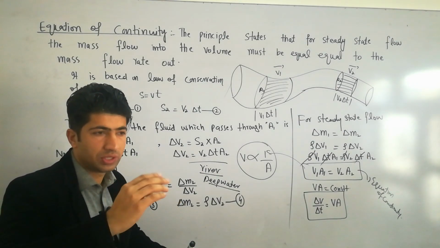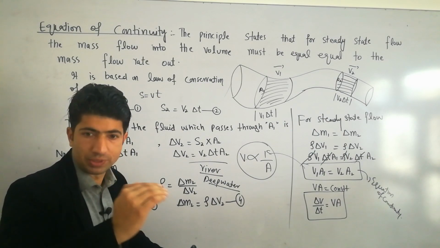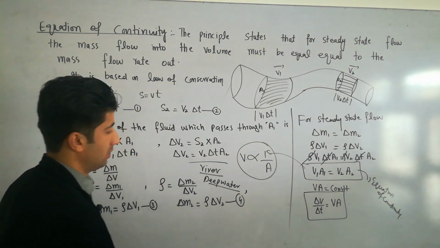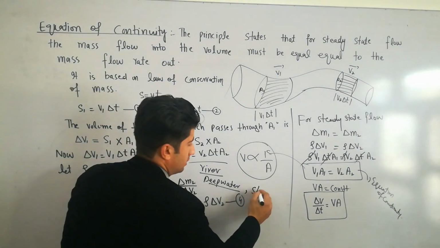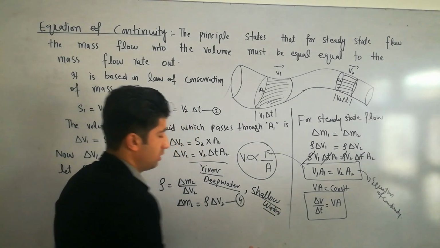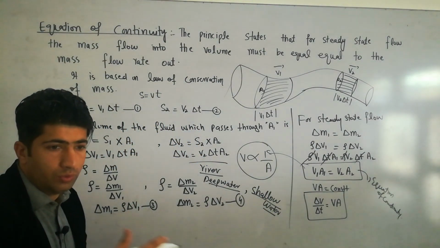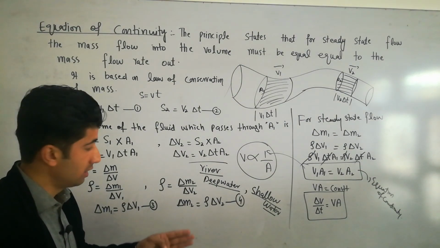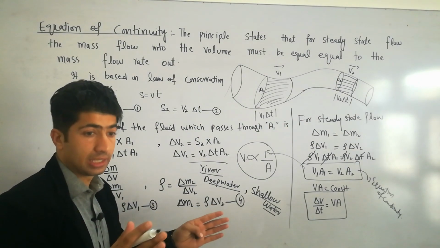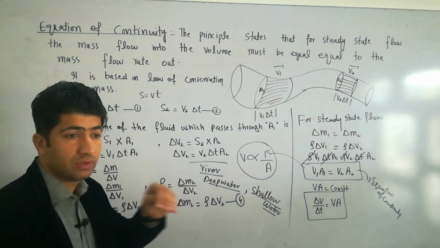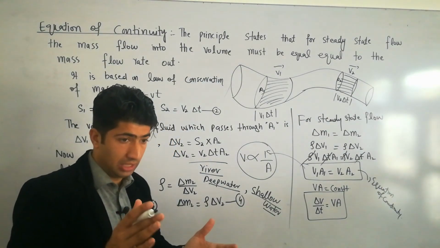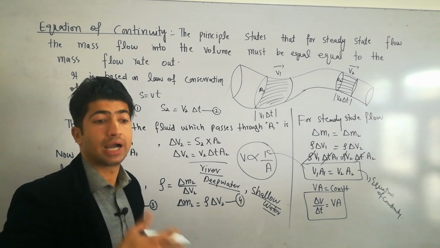The water is flowing at a very low speed as compared to shallow water, where the water moves with a very high speed. Why? In deep water, the area of cross section is very high, so that's why water moves with a very low speed. And in shallow water, the area of cross section is less, so that's why water moves with a high speed.